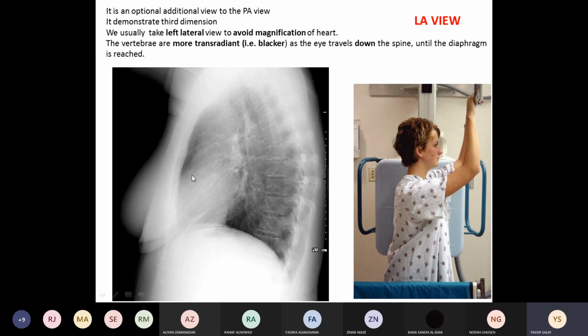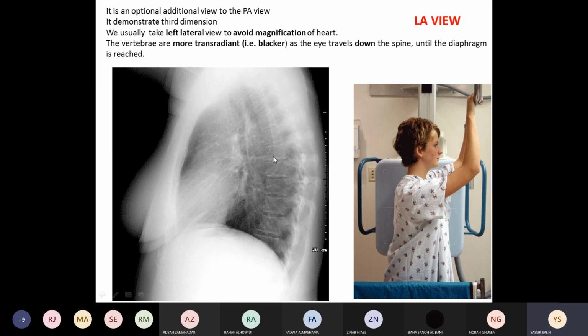You have to look at the shadow of the vertebra. If you look carefully, there is an increase of blackness as we go down in this vertebra. Notice that these are the vertebra, cervical and thoracic vertebra. There is an increase of blackness when we go down. If you compare this vertebra with this one, it is more blackened than the superior one.